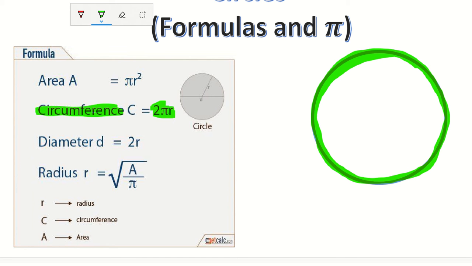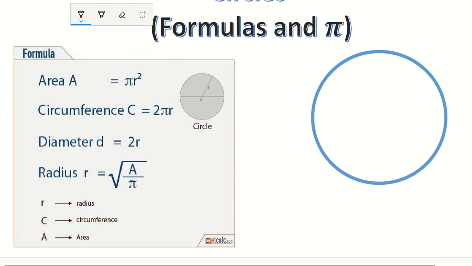We just multiply 2 times pi times the radius. So we also need the radius to calculate the circumference. Now, if you want to get the diameter, which is this one right here, the one that goes right through the center from corner to corner, this would be called the diameter.